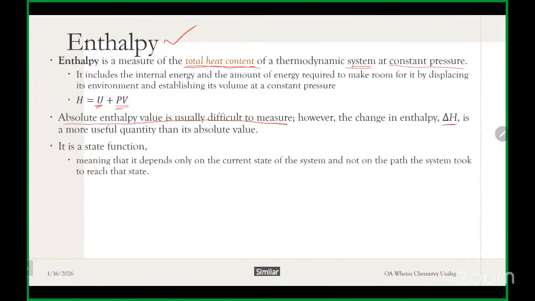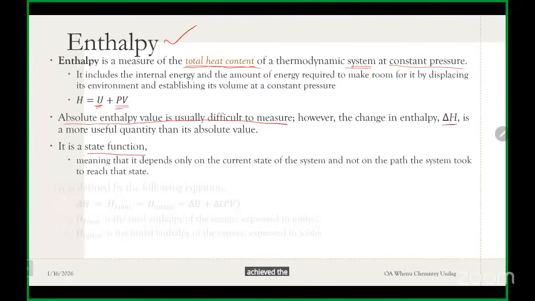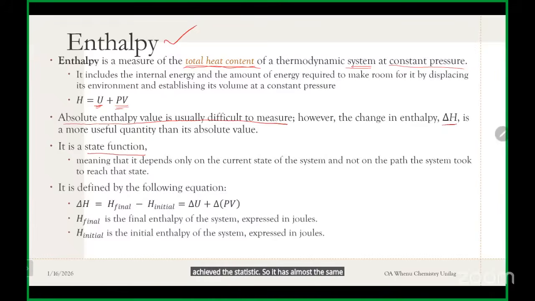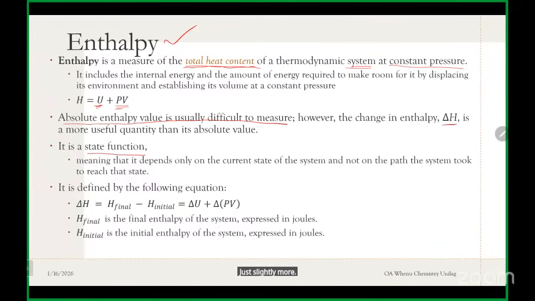Similarly, it is a state function, which means it depends on the current state of the system and does not depend on how you achieved that state. So it has almost the same characteristics as internal energy, except that it is slightly more than the internal energy. So delta H is defined as H final minus H initial.